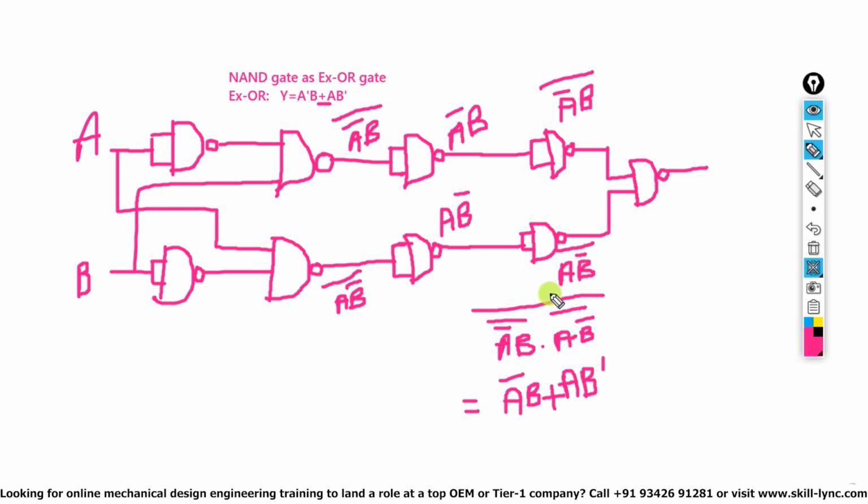De Morgan's theorem says x y whole bar equals x bar plus y bar, so the double bars cancel and it becomes A bar B plus A B bar. The bar can be written this way or with a top bar. So this is the exclusive OR gate, Y equals A XOR B, and the sign of A XOR B can be written this way also.